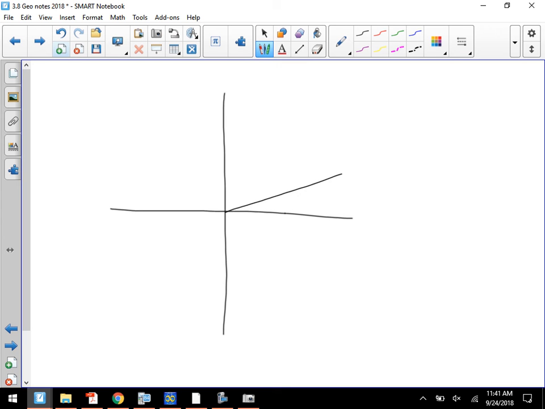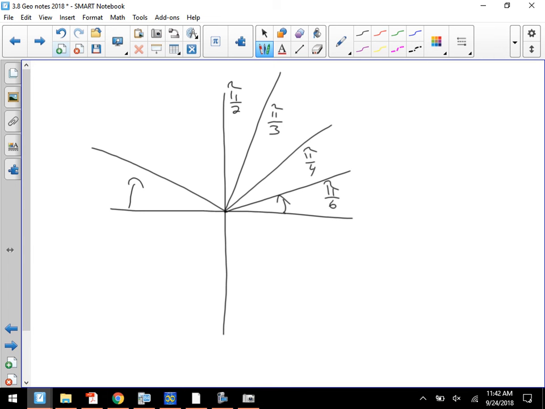when you start working in algebra 2, you're going to start adding things like sixths, quarters, thirds, halves. I know that if this is 1/6 up, this is 1/6 up.